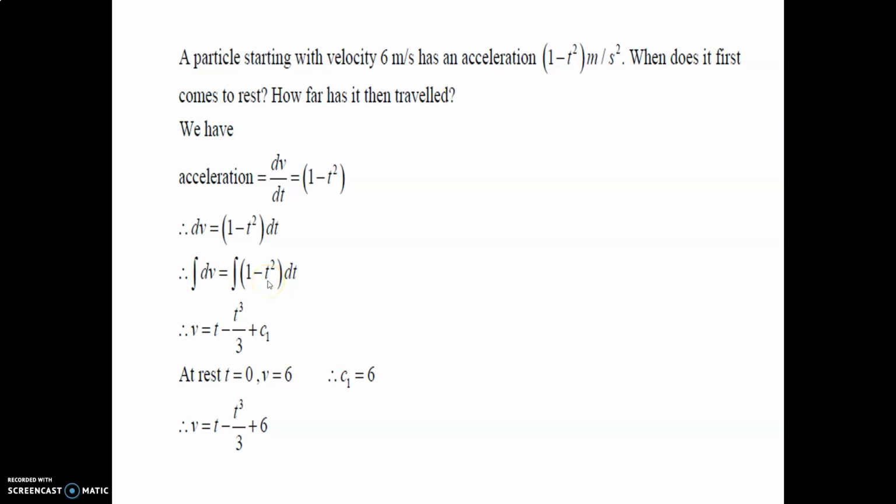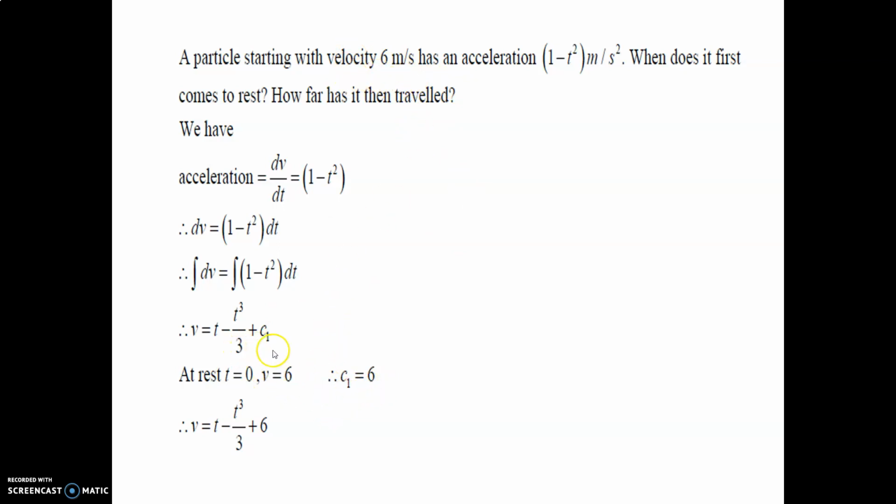What is the integration of t²? Yes, we know that the integration of xⁿ is xⁿ⁺¹/(n + 1). That's why v = t − t³/3 + c1. c1 is the constant of integration. Now they have given t = 0, because time is not declared, but velocity v = 6 is given.